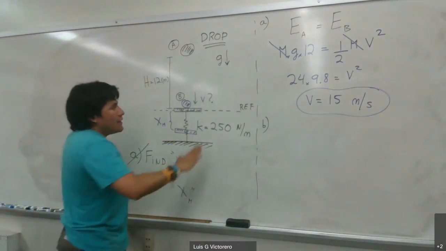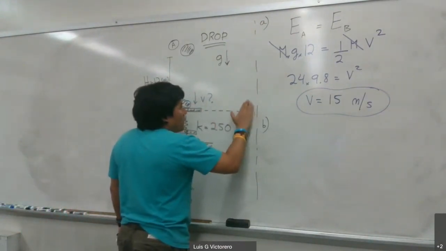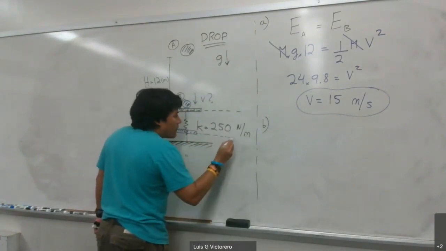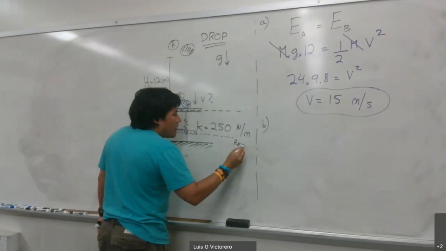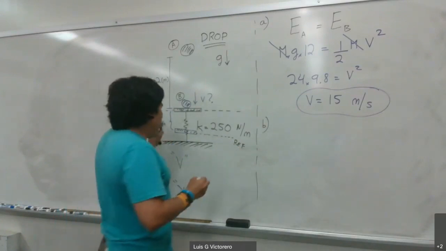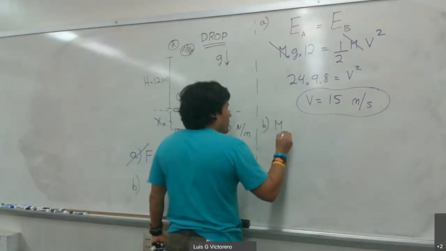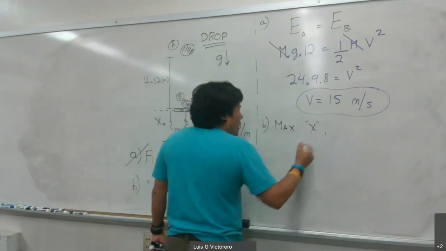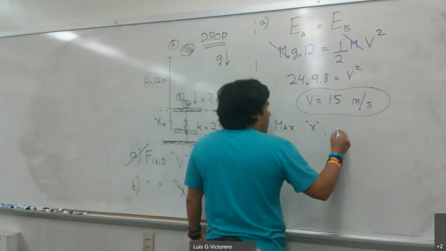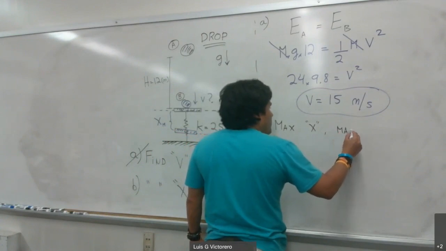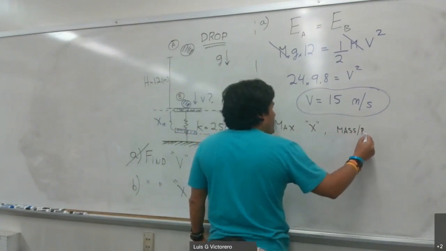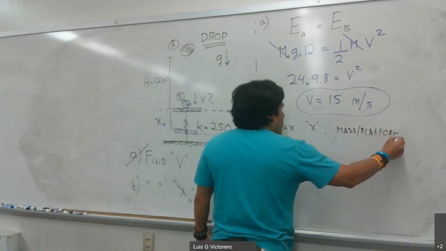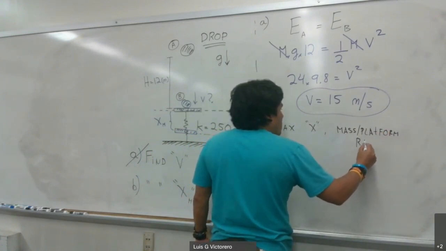For part B, now you want to make a reference point here. And the maximum x is when the mass-platform system is at rest, stops.